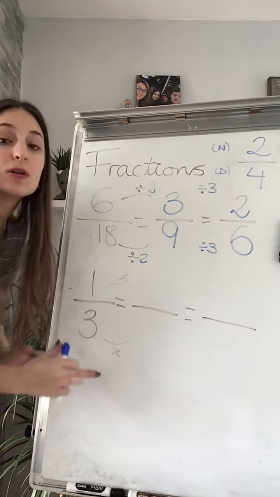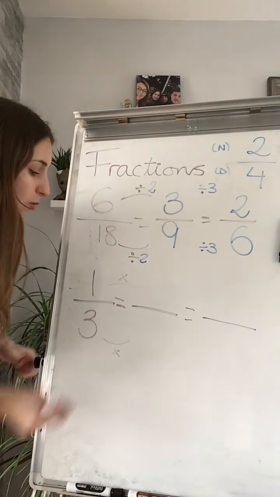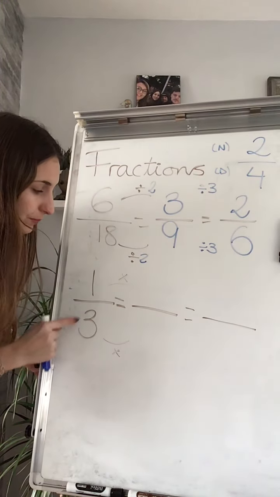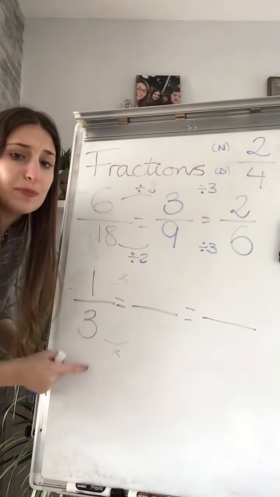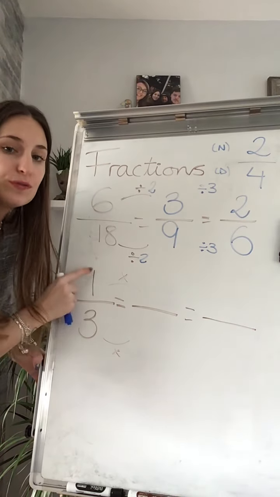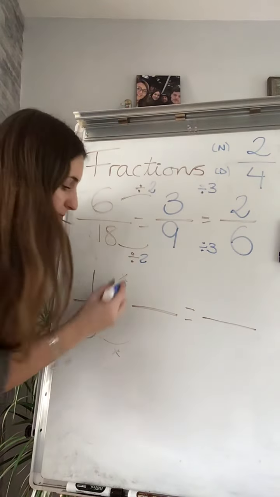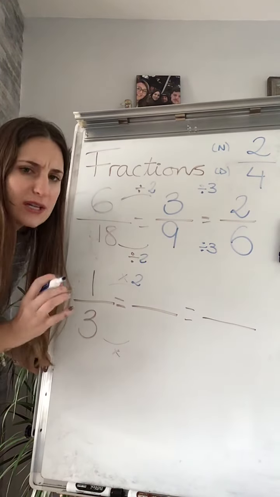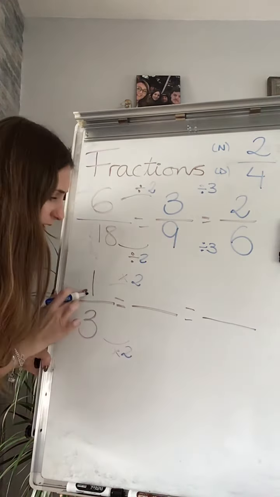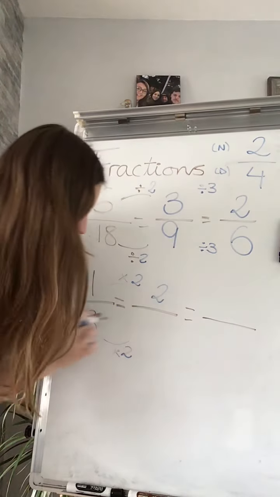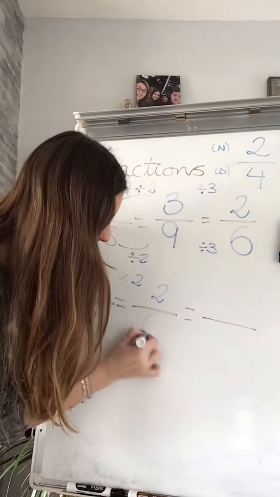Let's just look at this one, and then I can send you to do your work. 1/3. And I asked you to times by the same number to find an equivalent fraction. I'm going to start with 2. As I told you, I'm going to go for the lower one. 1 times 2 is 2. 3 times 2 is 6.